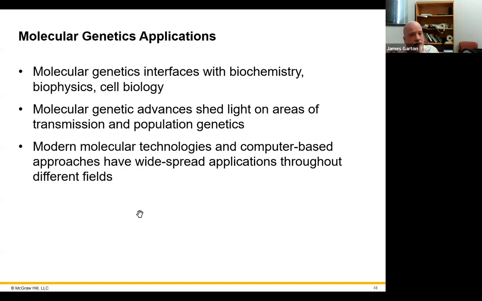And at least currently, these molecular technologies are computer based, and it allows you to analyze things very rapidly. And you can apply the data that you might uncover to all kinds of different fields.